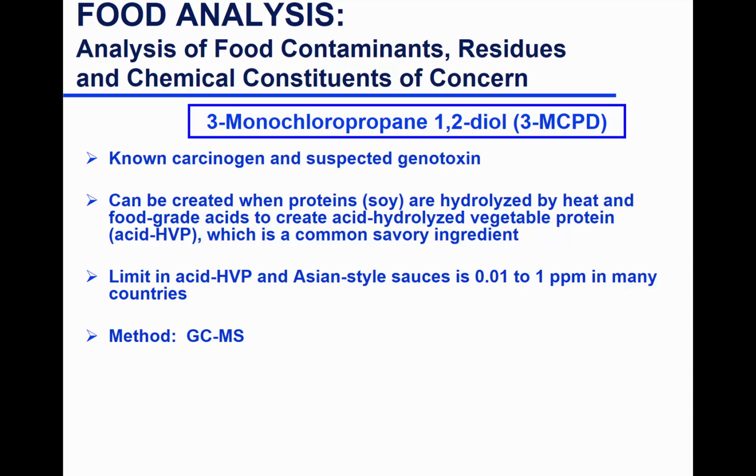And it is a known carcinogen and a suspected genotoxin. So because it is a suspected genotoxin, it really shouldn't be present at any level in the product. But there is a limit of 0.01 to 1 ppm. But if it is confirmed as a genotoxin, it shouldn't be present.